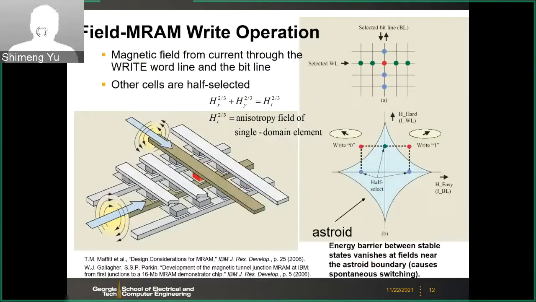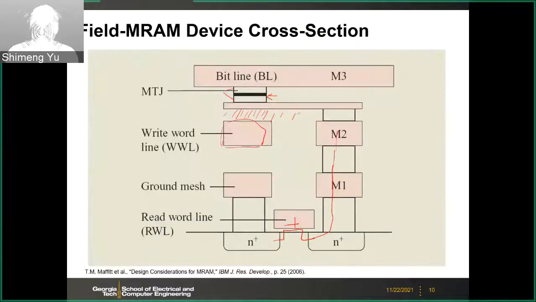So let's discuss how it switches. Basically, if you look at this structure, it's not a cross-point array, because here this is your memory cell, and then you have the horizontal bit line, and then you have the write wire line, this WWL, which in this image should be in and out of the plane. It's hard to draw, but you can think this write wire line is in and out of the plane.